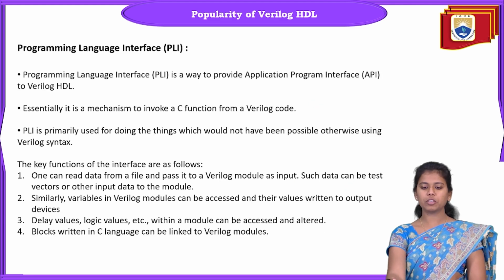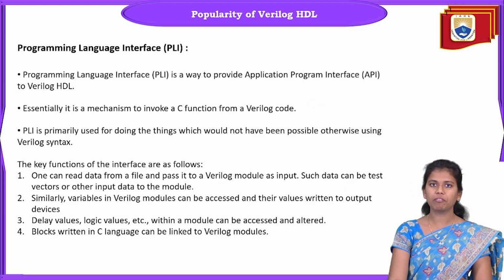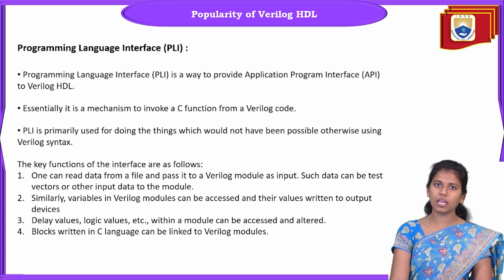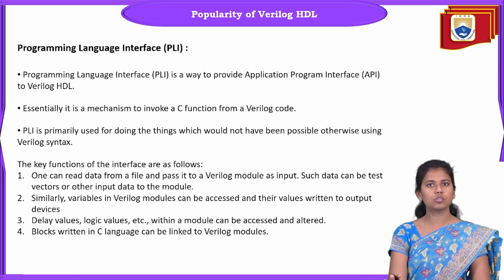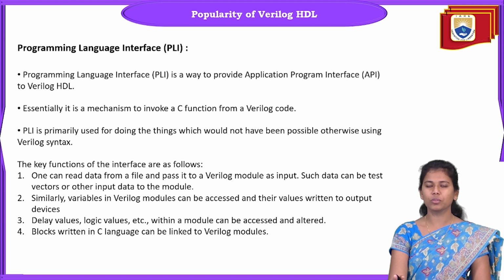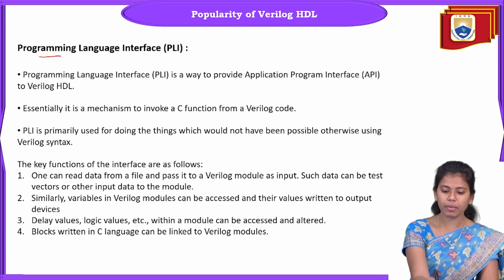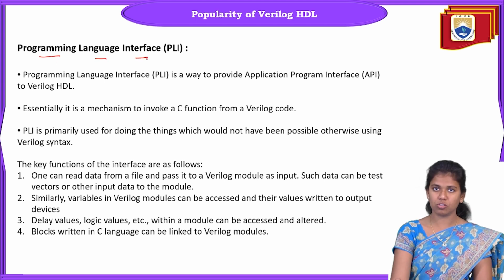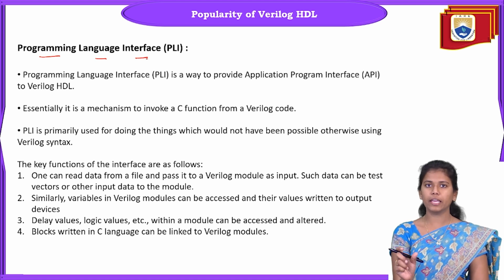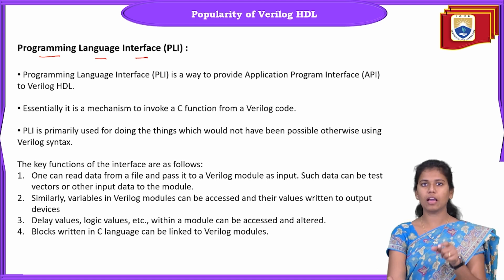Okay. Next, coming to the programming language interface. So what is this programming language interface? The programming language interface is a way to provide an application program interface to Verilog HDL. You just ponder on the heading, programming language interface.